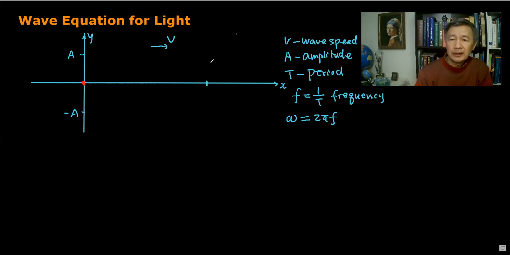The distance can be measured by velocity multiplied by time, so we can write this position as velocity multiplied by the period. This length we give the name lambda. An additional concept here is wavelength.